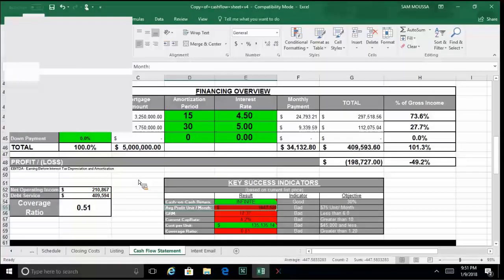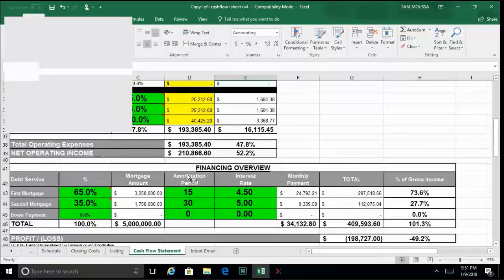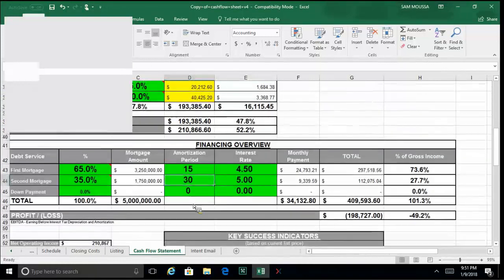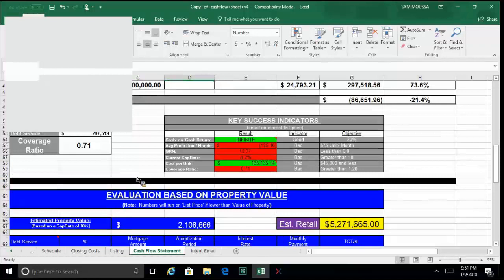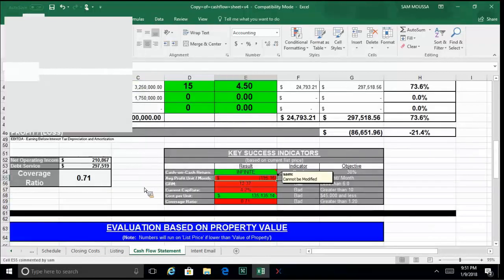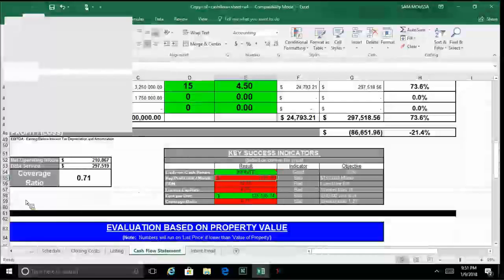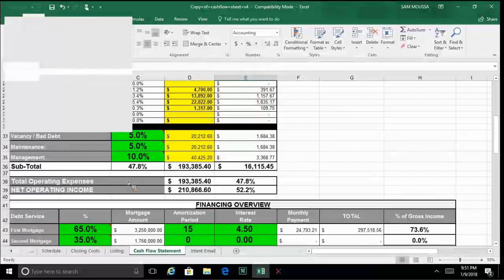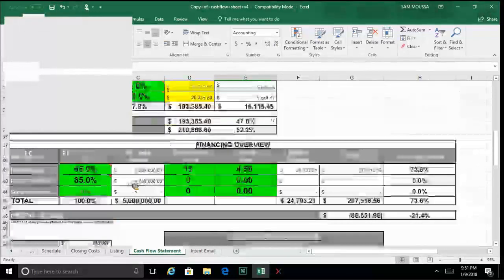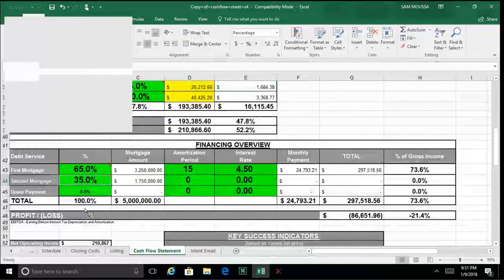You can look here, and we see that this property is losing about $500 per unit. The only way to offset that is to put in a zero here and a zero here, and we're still looking at $195 per unit as a loss, right? So then people start cutting into other things. We're putting 35% down, so there's no interest on that.